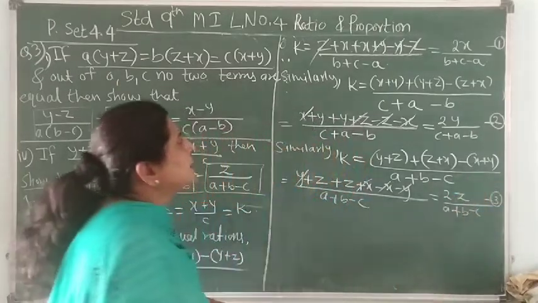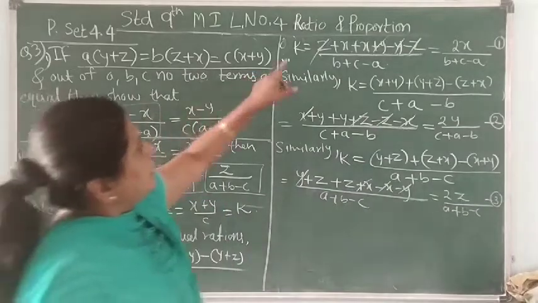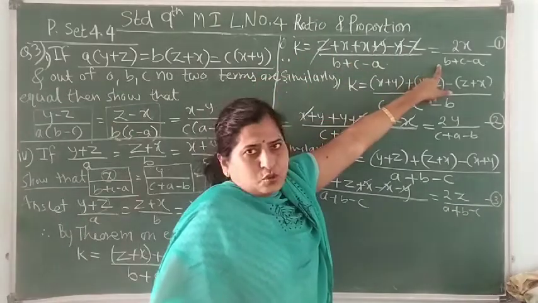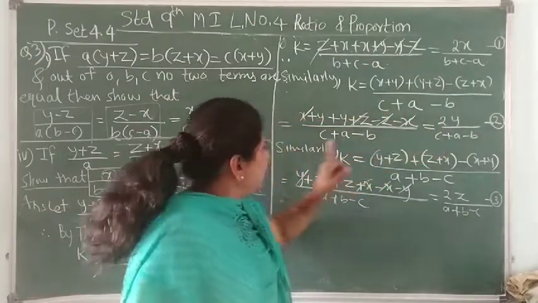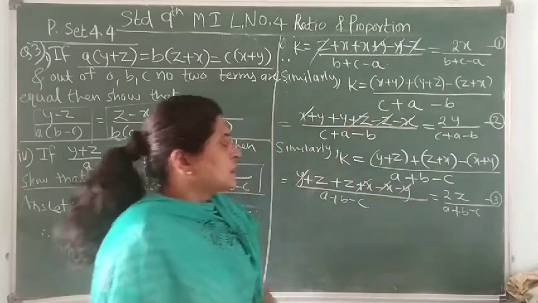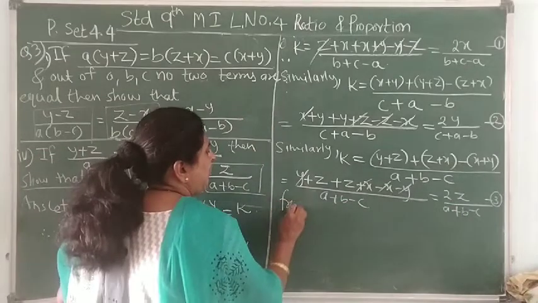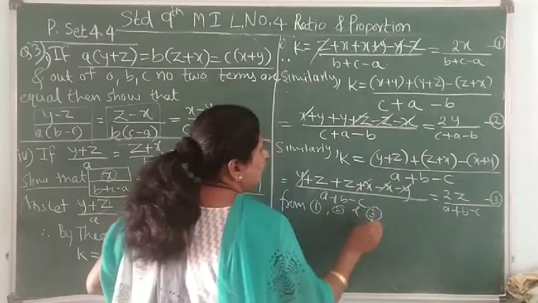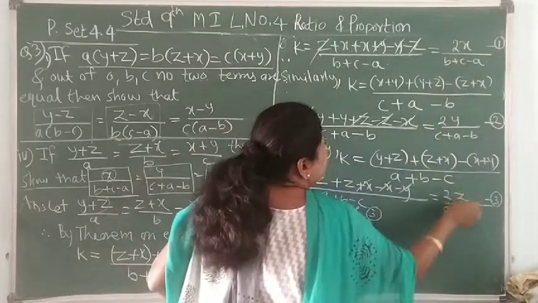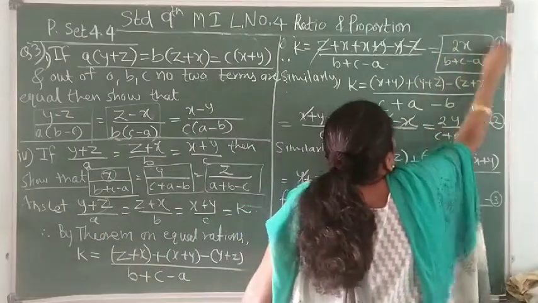Okay, so by using the theorem on equal ratios, we have got that k is equal to 2x upon this, k is equal to 2y upon this, and k is equal to 2z upon this. So from the first, second and third statements, we can write all these three terms are equal. We are going to collect these three terms.